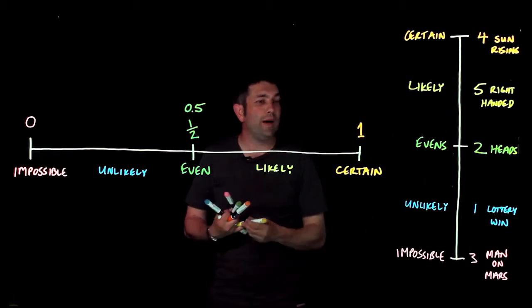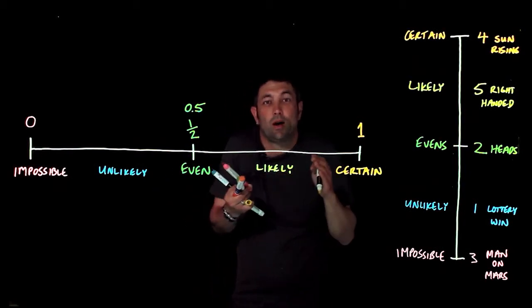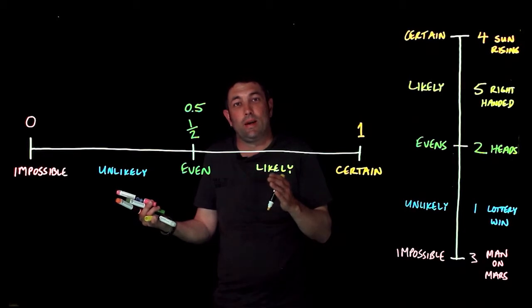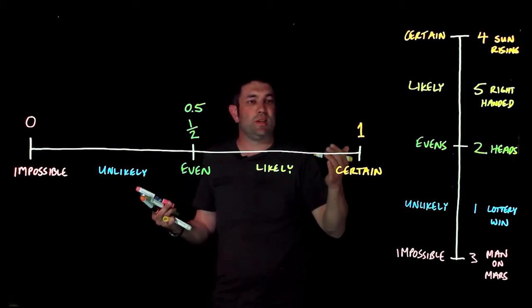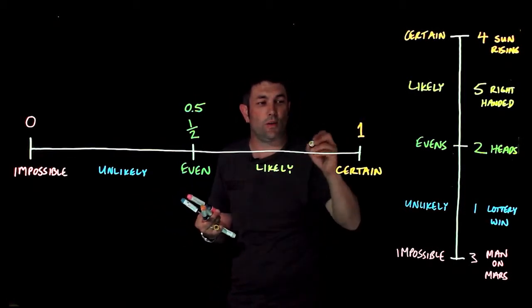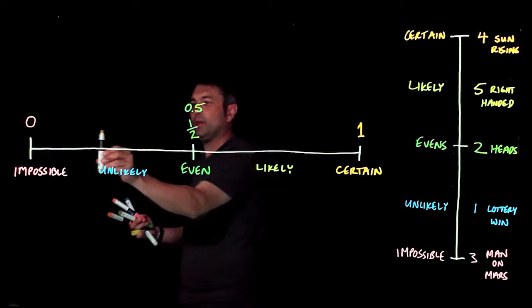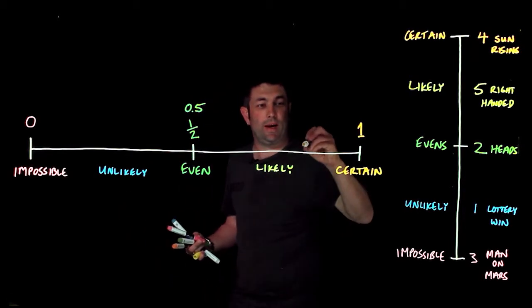So I'm going to look at this right-handed one. If you look at statistics across the country, if you have 5 people, 4 of them would be right-handed and 1 of them would be left-handed. That gives me a probability of about 0.8 if you use your calculator, or 4/5. So 0.8 or 4/5, if I split it up into 5 bits, so there's 1, 2, 3, 4, it's going to be about here.